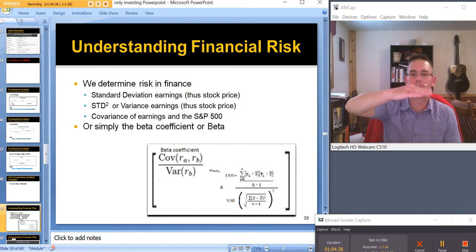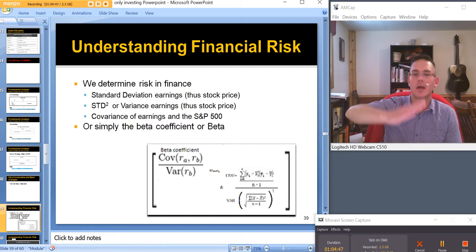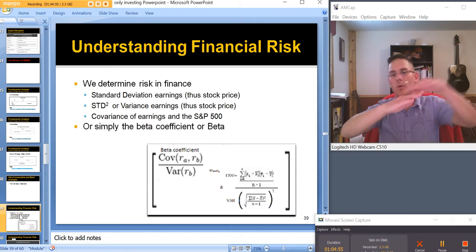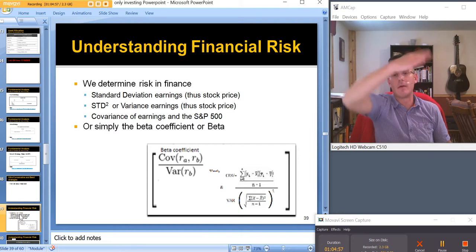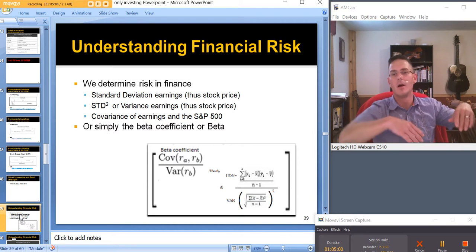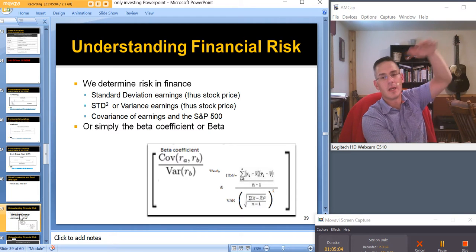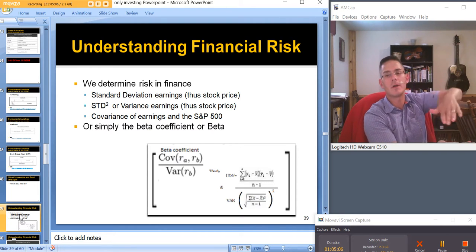If we have a tight distribution, we would assume something has low risk. If we have this large fluctuation, we would assume something is high risk. And the reason is because if we try to forecast the future and we have a wide fluctuation, well, it could be anything from here down to here, we don't know.